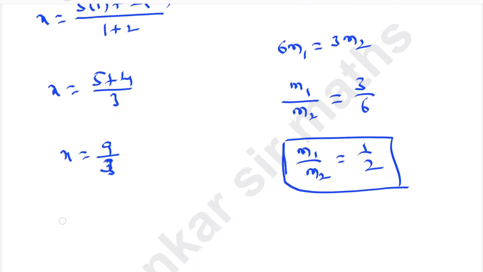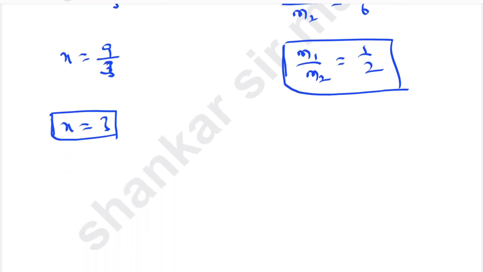That is, x value will be 3. Now what is the point on the x-axis? So point on the x-axis, that is P of (x, 0), therefore that is (3, 0). That's it.